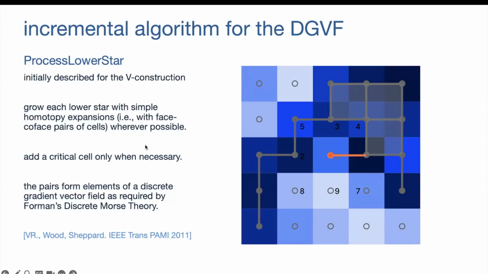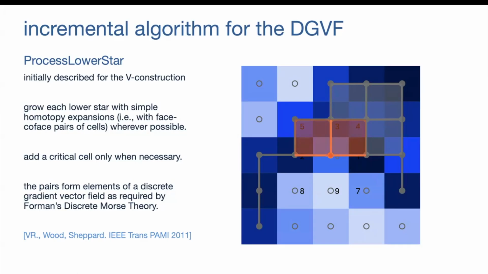Wherever possible, we're going to grow by these simple homotopy expansions, and then we add a critical cell only when absolutely necessary. So in this example here, I'm adding the lower star around pixel value 6. So I always pair pixel 6, I pair the actual vertex with its neighbor that takes the lowest value, and then I grow with these simple homotopy expansions, okay?